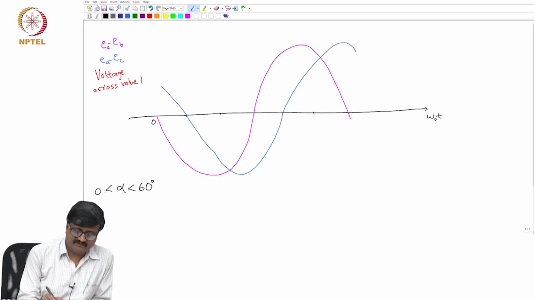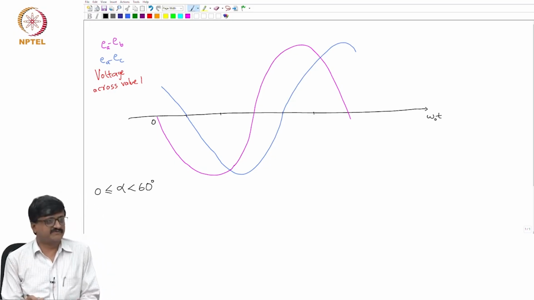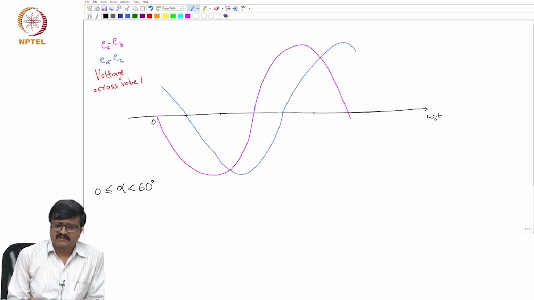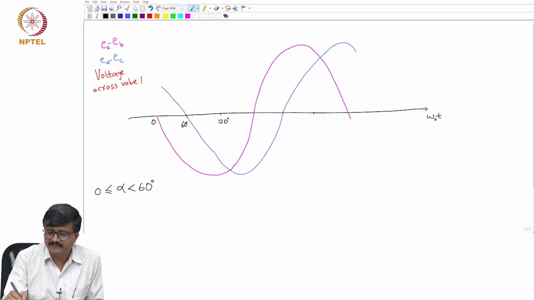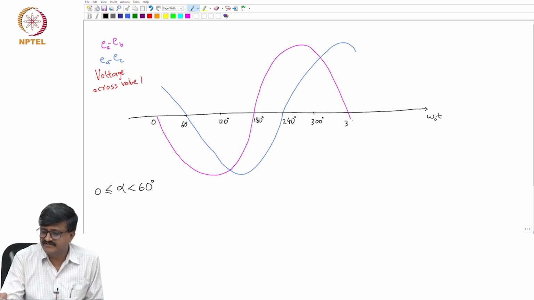In fact, I can consider even equal to 0. So I have 60 degrees here, 120 here, 180, 240, 300, 360 degrees.